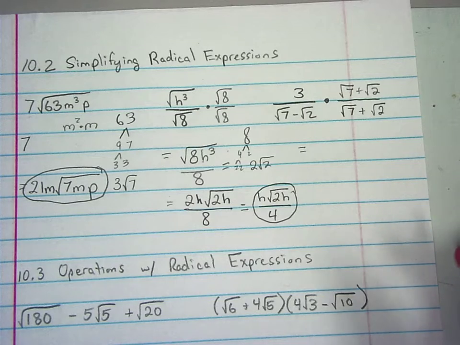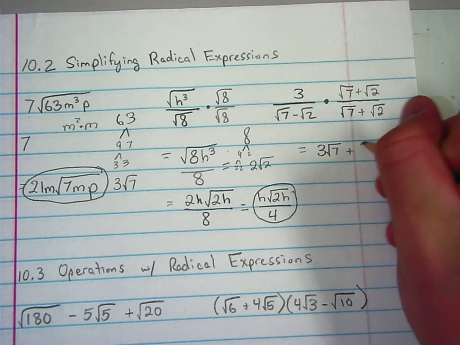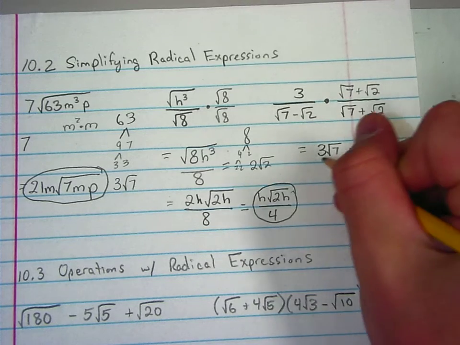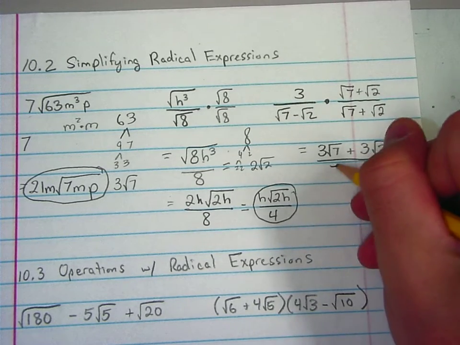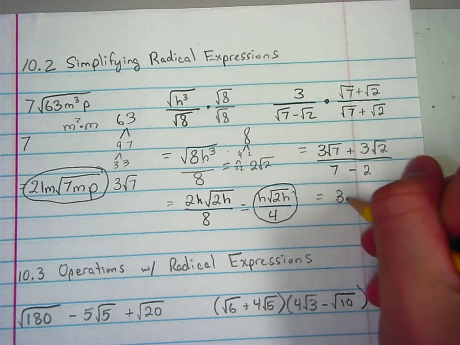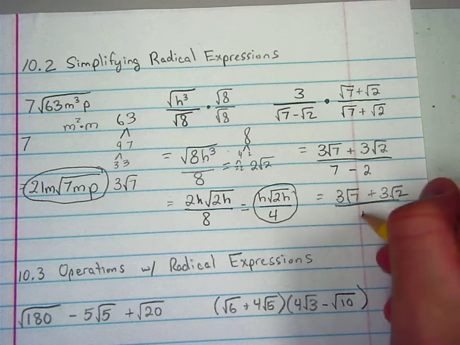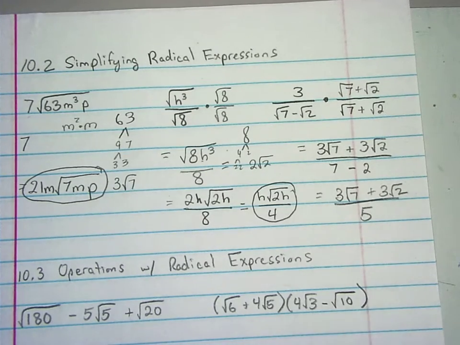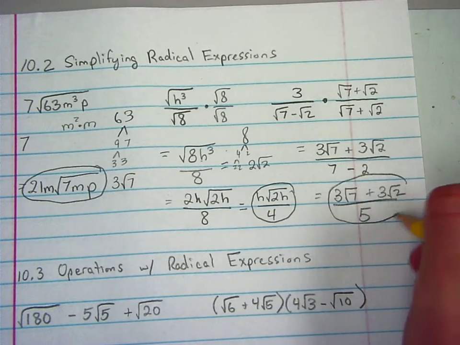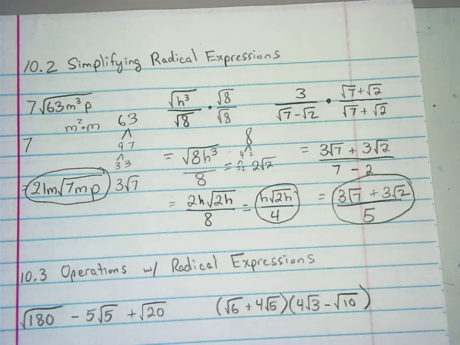So the next step is going to be 3 times the square root of 7 plus 3 times the square root of 2, all over 7 minus 2. And then you just get 3 times the square root of 7 plus 3 times the square root of 2, all over 5. And that's it. Now we don't have any radicals in our denominator, so we are good to go.